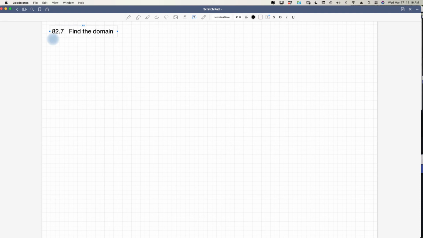Find the domain of the function f of x where it equals, all right, this one's going to be hard for me to type because I don't know how to type this, but it is under a radical. So find the domain of the function f of x where it equals the square root of 5 minus x.